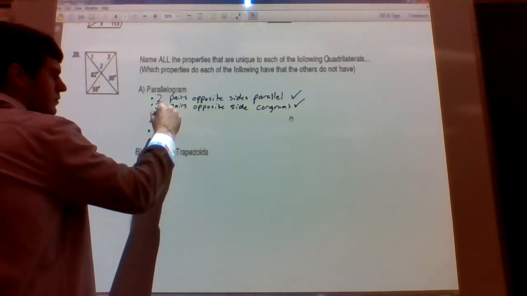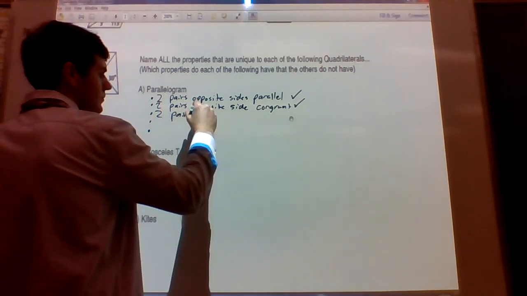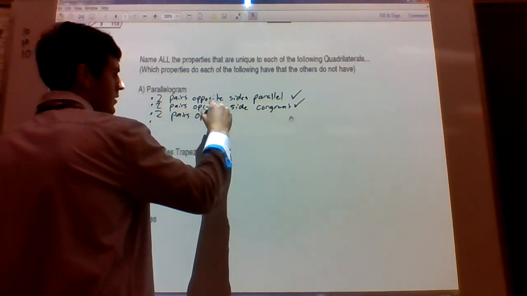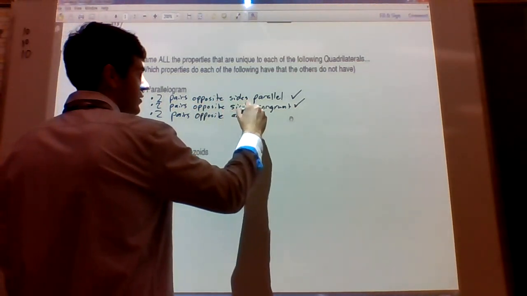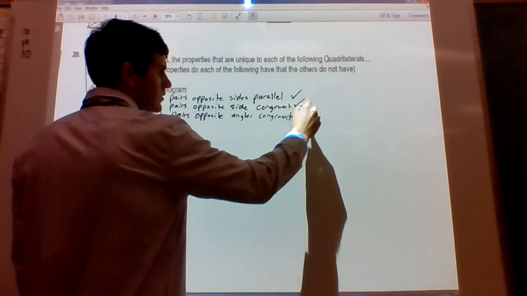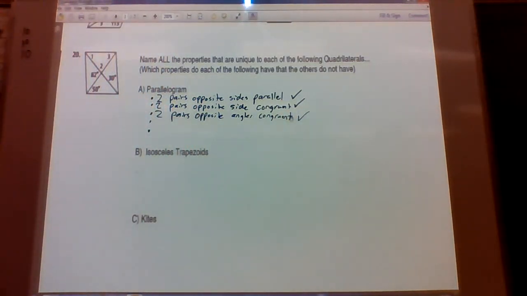Next we have 2 pairs of opposite angles congruent. That's also going to be a unique property of a parallelogram.